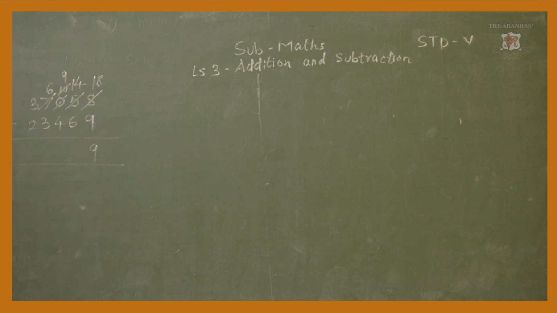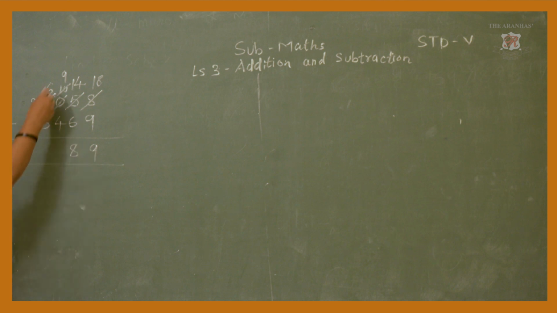Why? Because the 100s place is 0, so for this 0 we go to the 1000s place digit and borrow from there, and then for the 10s place we get 14. Then subtract 14 minus 6. Yes, 14 minus 6, 8.